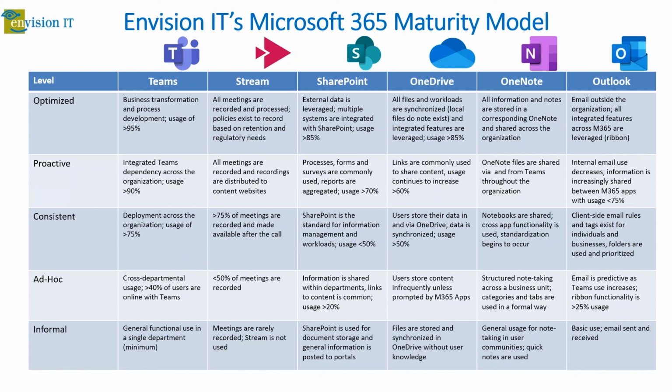And of course, you have to start somewhere. That starts off with informal. Informal on this particular slide shows top-down how organizations are going to use the Microsoft 365 suite. So with Teams, if you're using it informally, there's general functional use in a particular department. That could be your pilot, looking at the migration conversation.